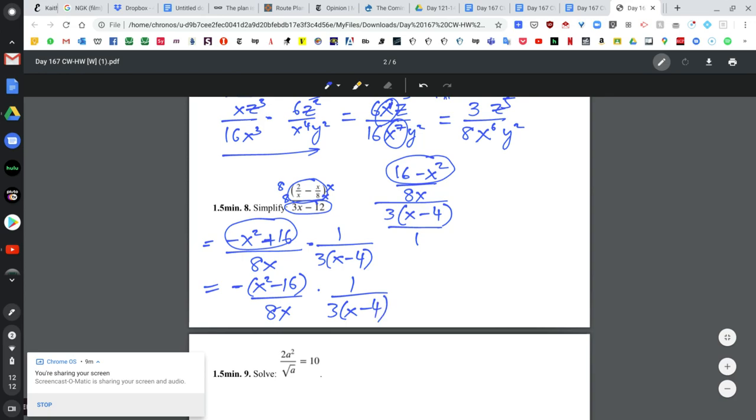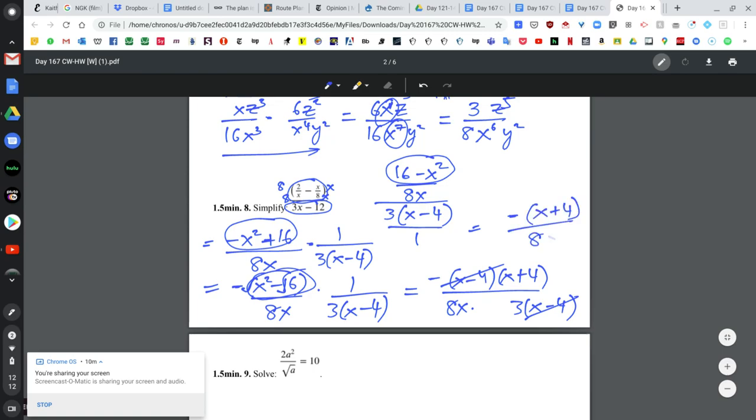Okay. Is there anything else I can do? Yeah, I can factor that. Isn't that difference of squares? So I can do like square root. So it's x minus 4, x plus 4 over 8x, and then I have a 3 times x minus 4. Can I cancel that? So your absolute final answer really is negative, don't forget the negative, parentheses, x plus 4 all over 8x.